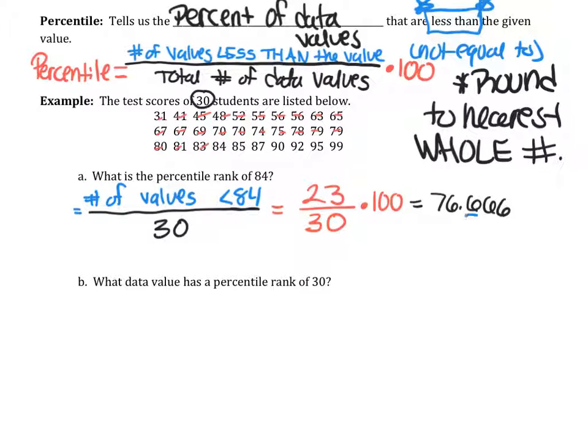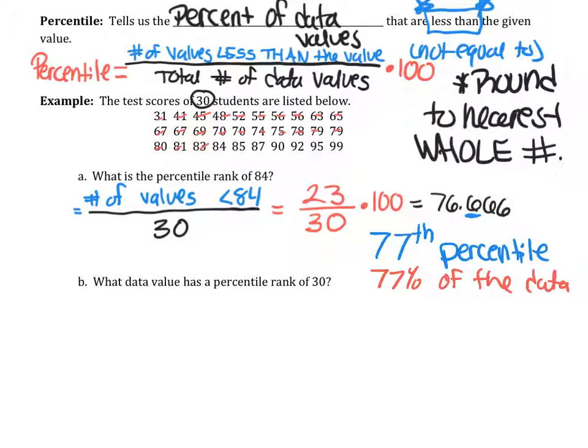So since 6 is bigger than 5, we would round up to the 77th percentile. And so this means 77% of the data is less than 84. So 77% of your students scored less than an 84 on that test.